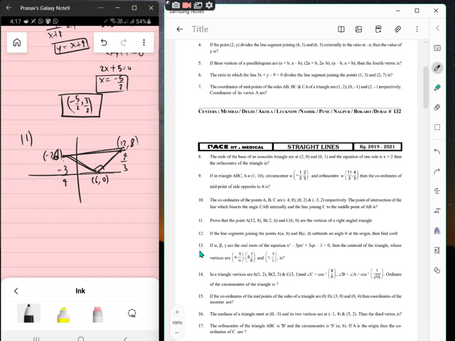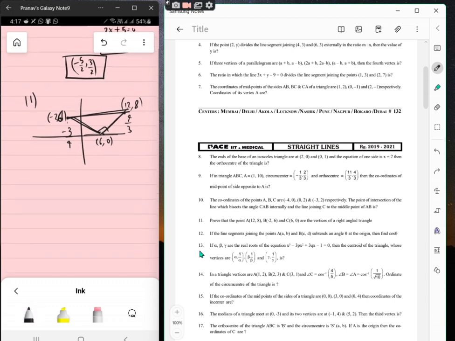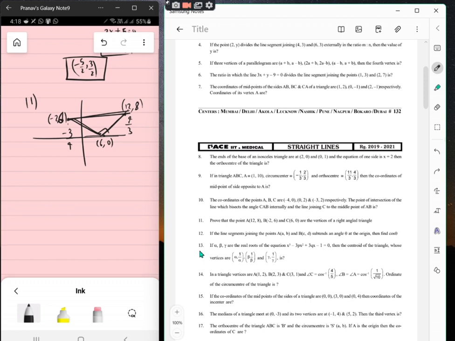Maybe we can do this using, I don't know, cosine law for this, but then maybe that's too complicated. So we'll just use slopes. Question number 12. So maybe this thing is A, comma B, and this thing is C, comma D.